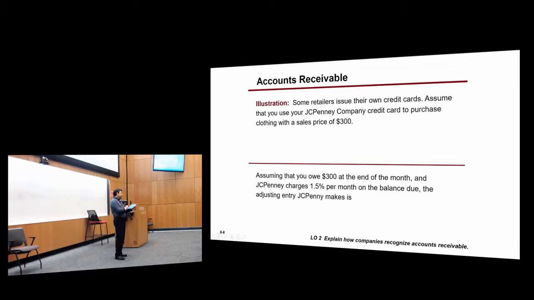Okay? Now, if you use a credit card to make the purchase, again, it's a purchase on account. So how is the entry made? Again, for JCPenney, it would be sales revenue and accounts receivable. At the end of the month, if the customer does not make the payment, what will happen?